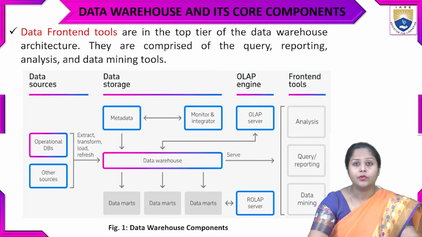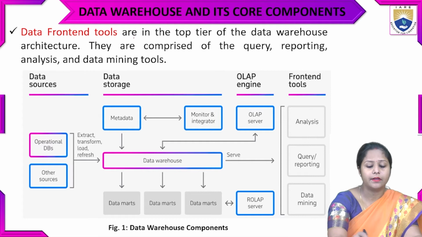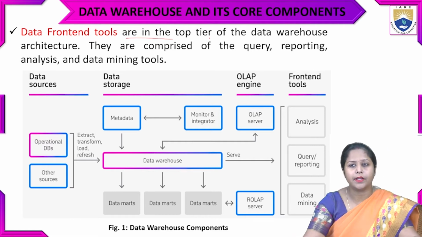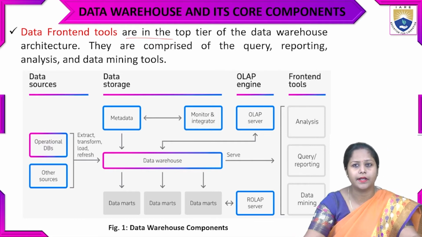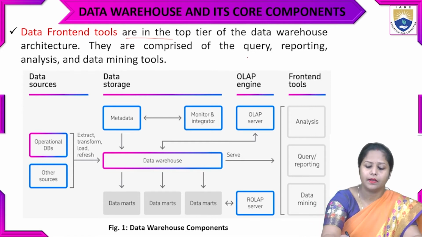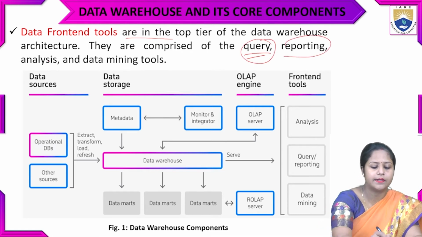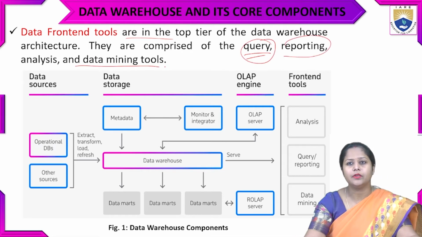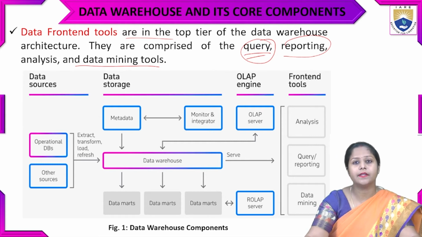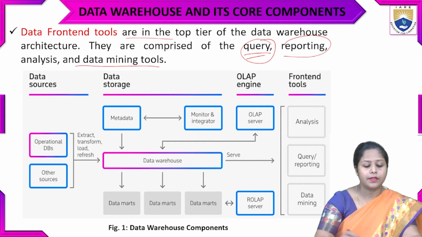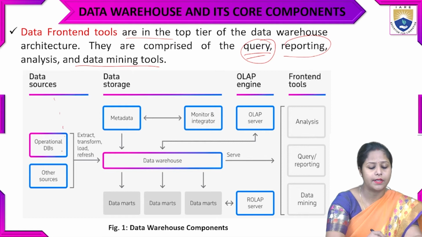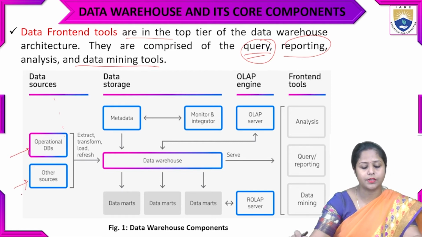Data front end tools are in the top tier of the data warehouse architecture. They comprise query, reporting, analysis, and data mining tools. So here we can see in this figure that there are data sources, which are the operational databases and other sources.